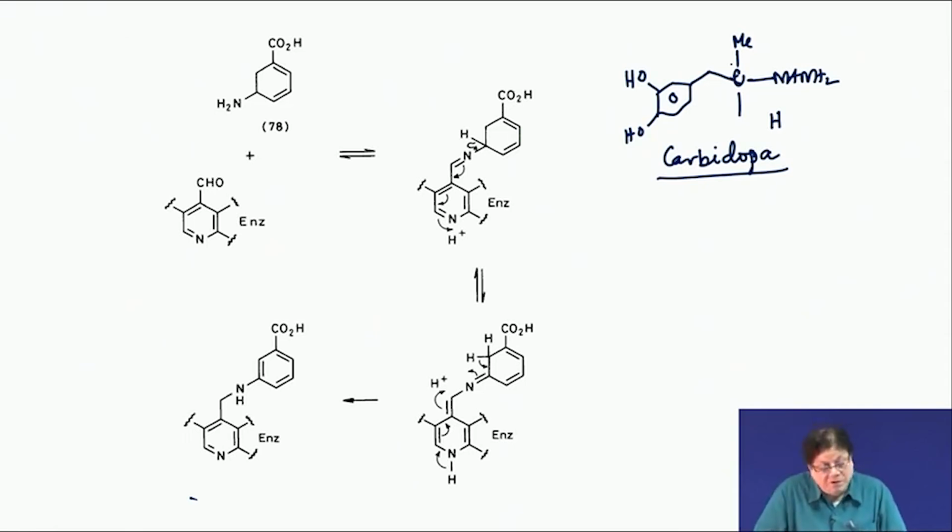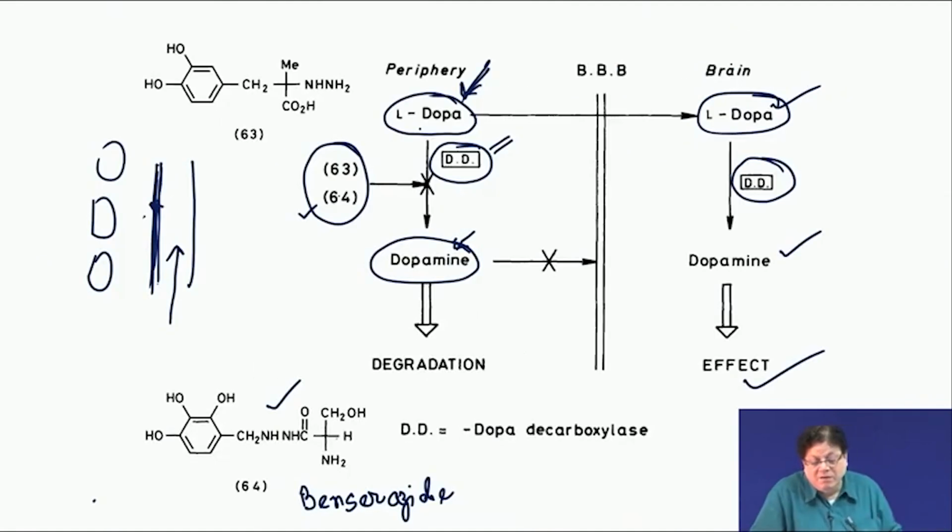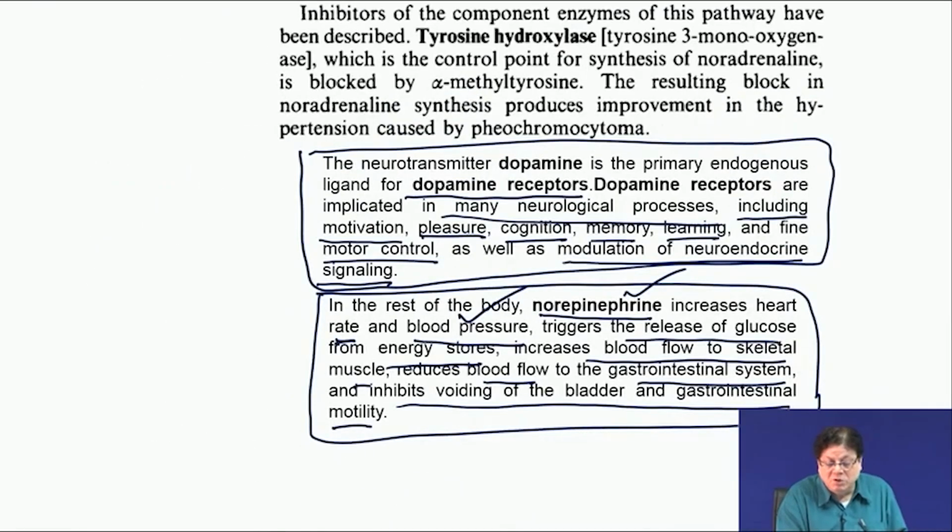The other important thing I forgot to tell you is that I told you about these motor functions that dopamine controls. Dopamine also controls motor control, and this is what is there in the case of Parkinson's disease.